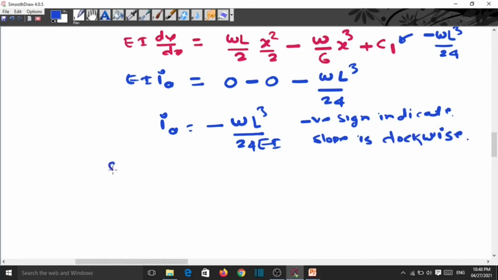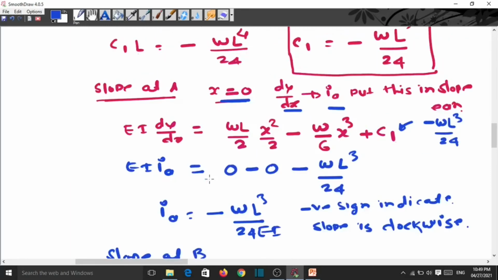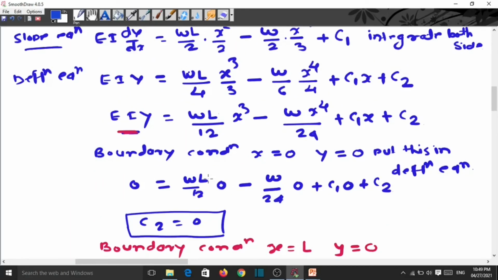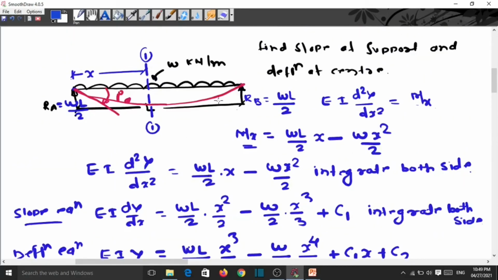Then the slope at B. We know that by magnitude, the slope at A and B is the same because of the symmetry. But this slope is anti-clockwise.